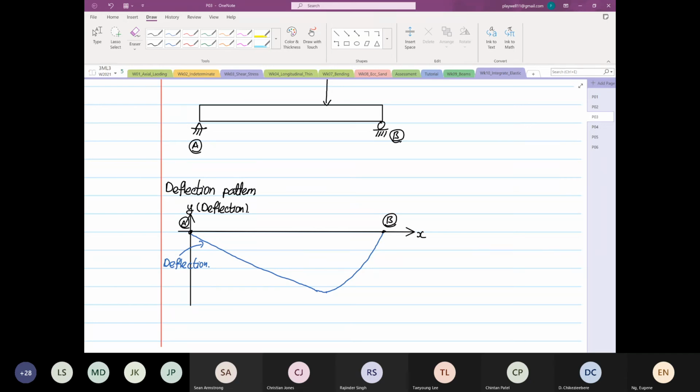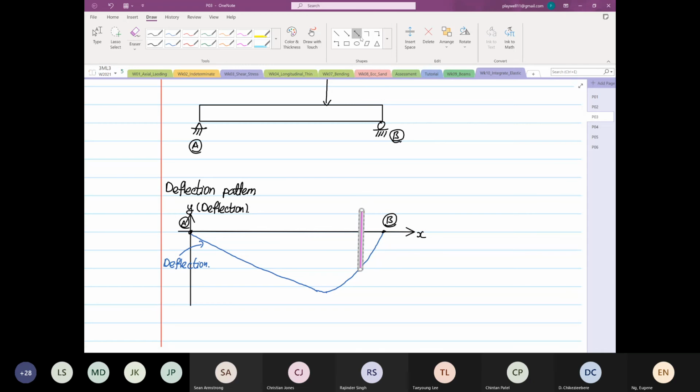So that is the deflection. We want to find a point over here, and that point has a certain distance, x.